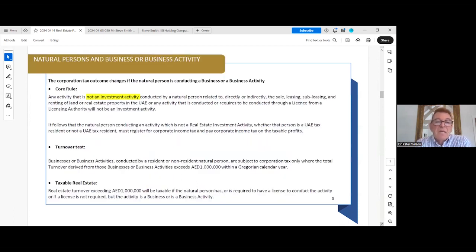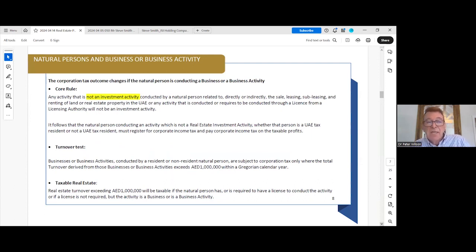So let's talk about what happens if it's not an investment activity. Okay, so here let's assume that the person has got 10, 20 properties.